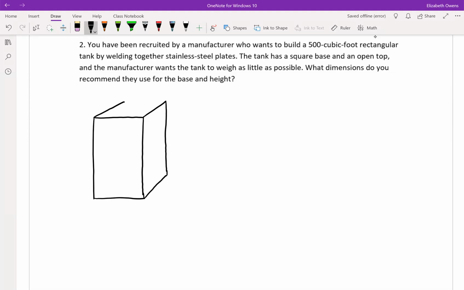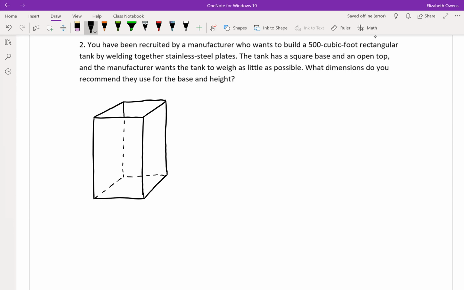All right, so there we go. I'll give it a little 3D look here. Okay, there's a rectangular tank.